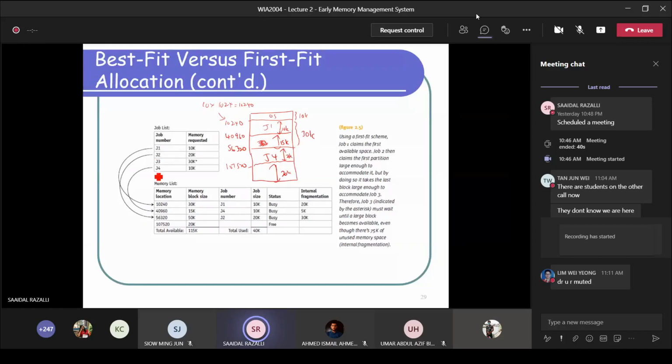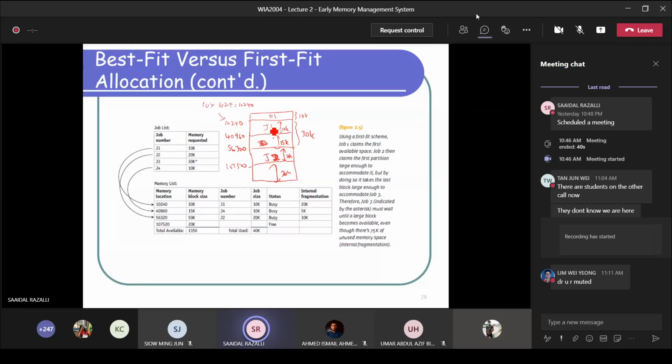So job 1 will go into the first partition. Job 2 will go into the 50K because job 2 is 20K, so this is job 2. Job 3 30K.